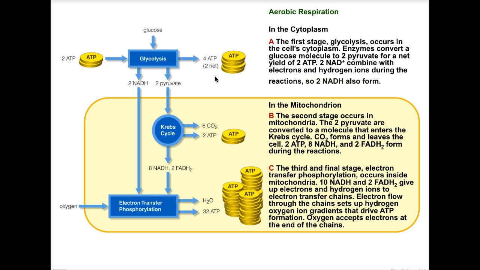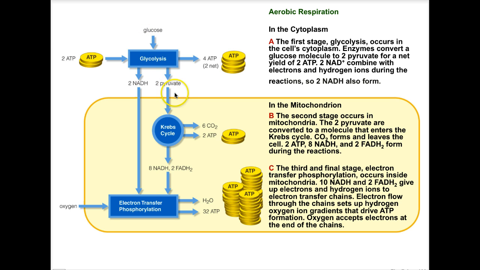So this is an energy costing process, but we do basically double our output. But even more important, what we get is pyruvate. And pyruvate are 3 carbon molecules, and we get 2 of them from the 6 carbon glucose.